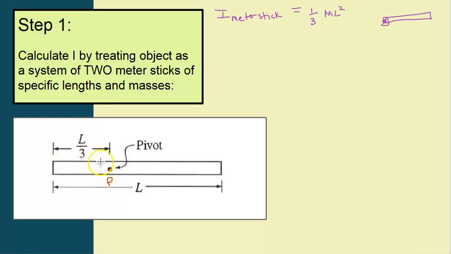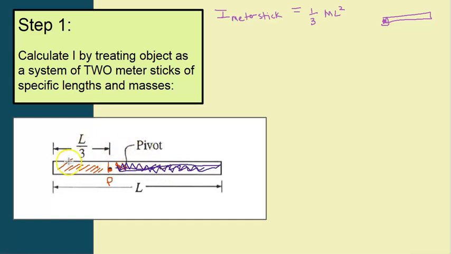This is the trick to find the rotational inertia about any point. You are going to treat that like a red meter stick, because the pivot point is now about the end of that red meter stick, plus a purple 2x4.